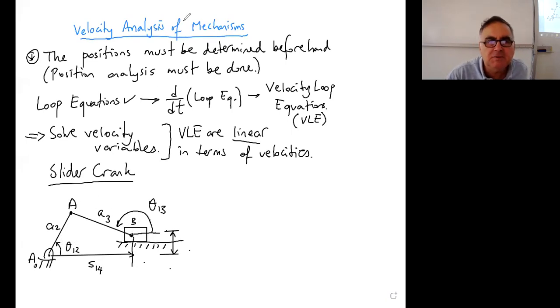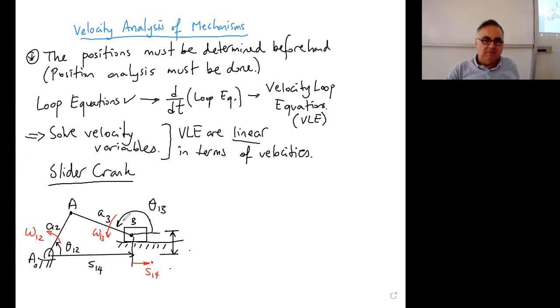Now, the velocity variables here are omega 12 here, omega 13 there, and then there is the velocity variable S14 dot.